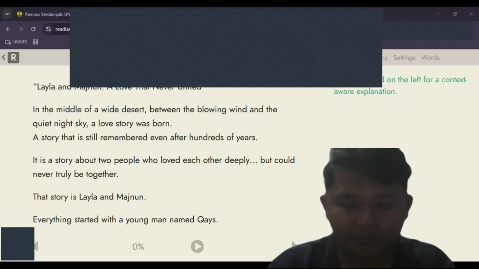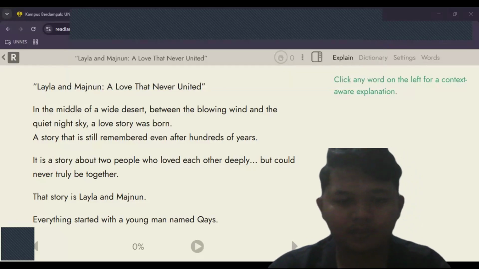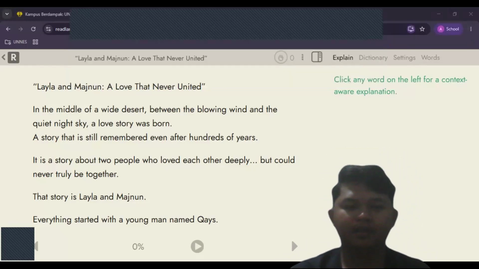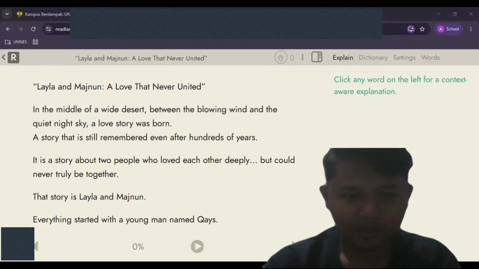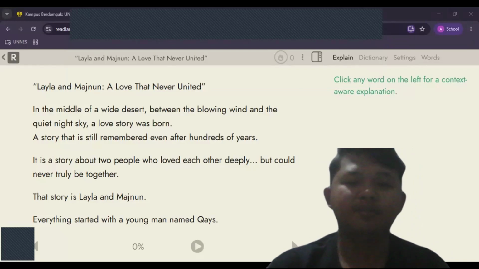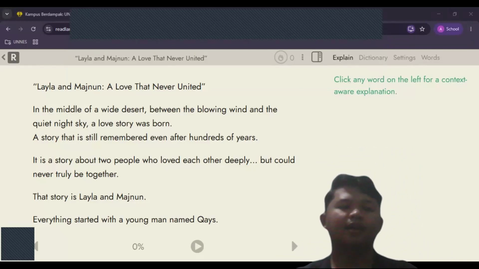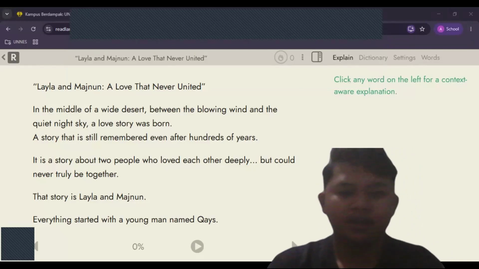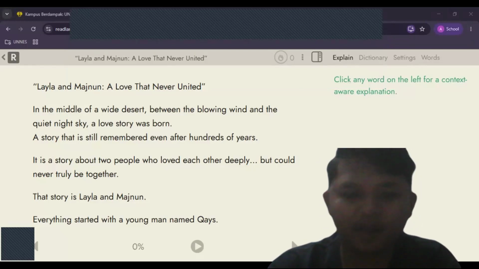Hey, are you guys able to see the screen? That's great. Can you guys read the title? That's great. The title is Laila and Majnun, a love that never united. So I will read it.